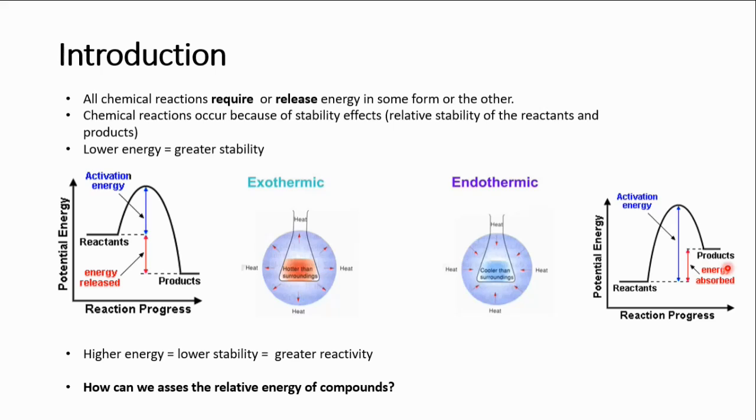So the products are more reactive. For an exothermic reaction though, the opposite is true. The products are more stable than the reactants. That is, you are producing something which is much more stable than the reactants.